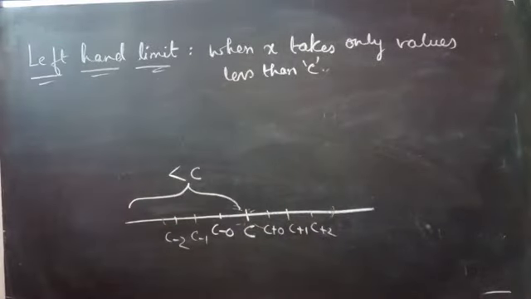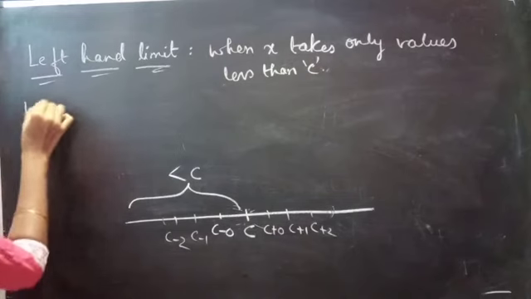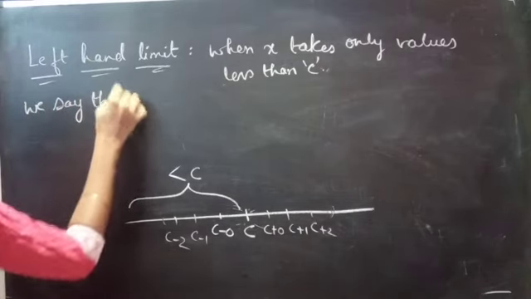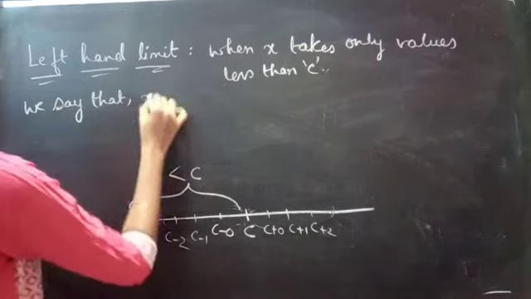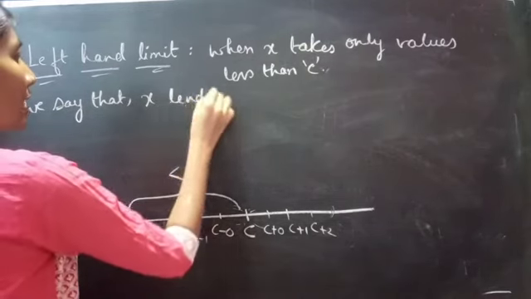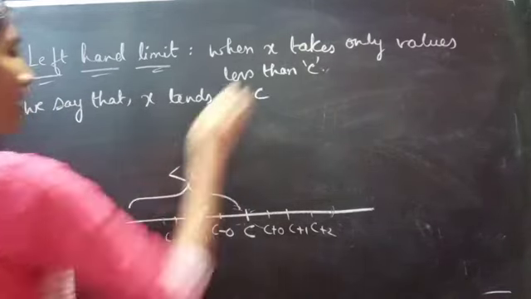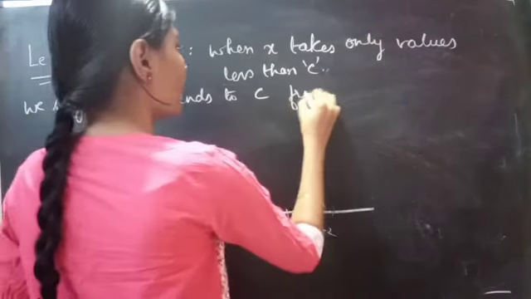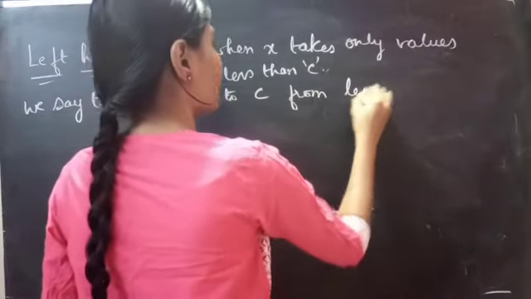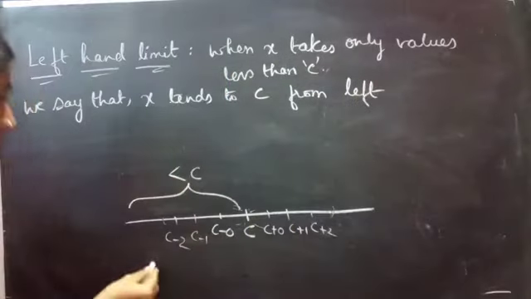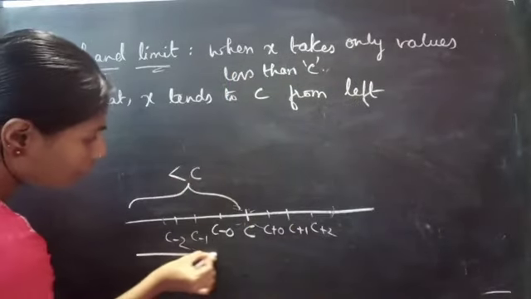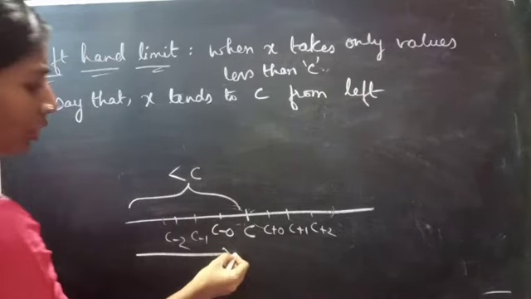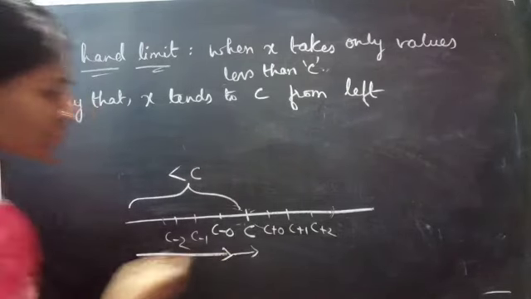Good. So we say that x tends to c from left. That is, from c minus 2 and then it approaches to c.